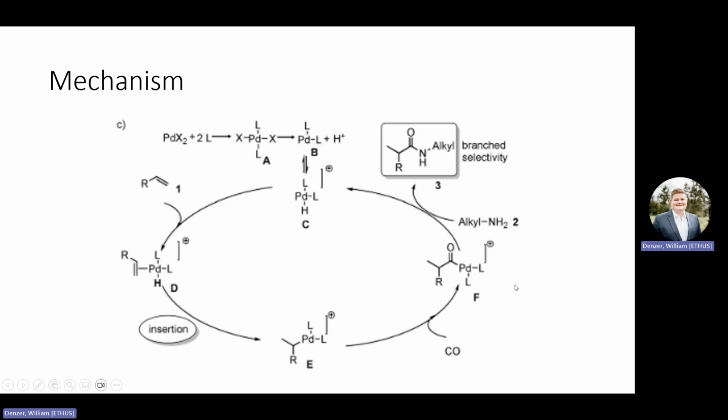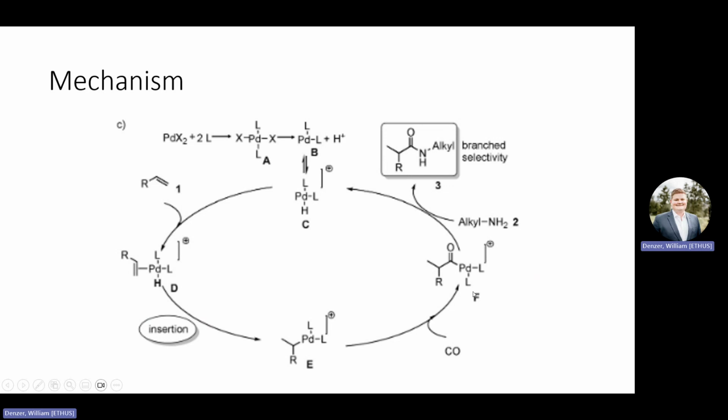Carbon monoxide is introduced, and it also inserts itself between the iso group and the palladium, forming this compound. And then finally, our stronger base amine will break this bond and form our product.